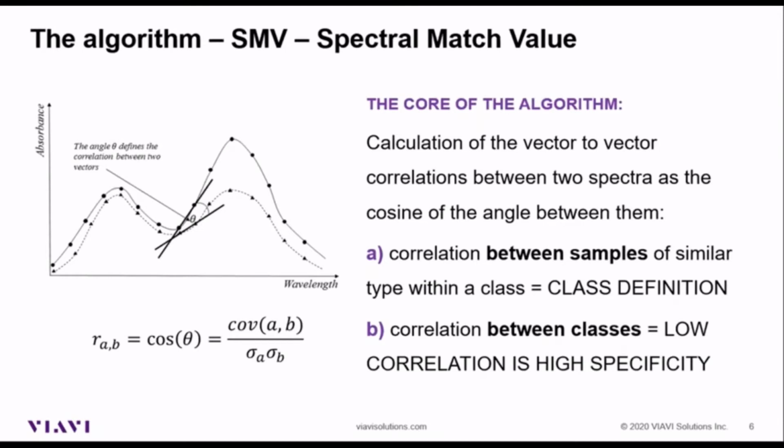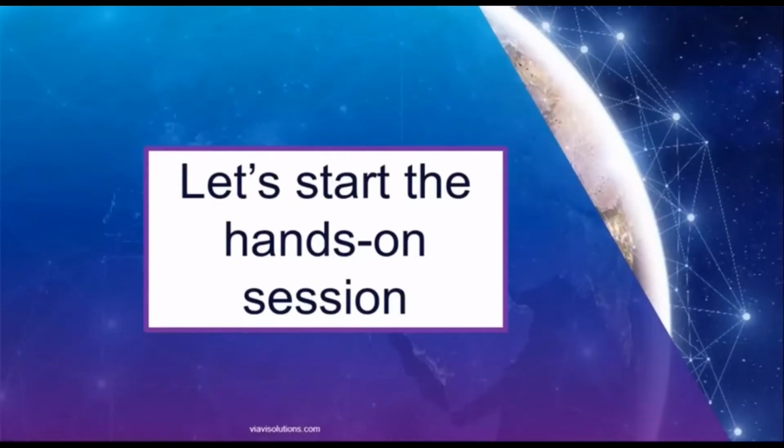I need to create a library of, I don't know, 15 spectra for each different material. And then I can verify if the differences inside each single class are bigger or lower than the differences with another ingredient and with an unknown sample. So this is a really, really simple correlation. But the math is too much for today, so let's start the hands-on session.